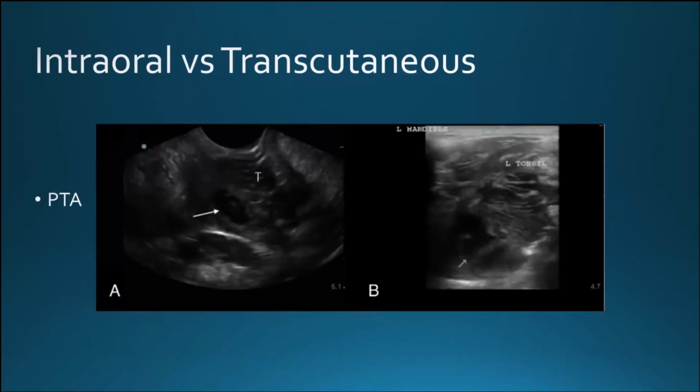Then you have your peritonsillar abscess. For the abscess, again, you're going to see an enlarged tonsil over 20 millimeters. These are going to have a heterogeneous echo texture, or a cystic appearance. When you see that, this is typically what a peritonsillar abscess is going to look like.